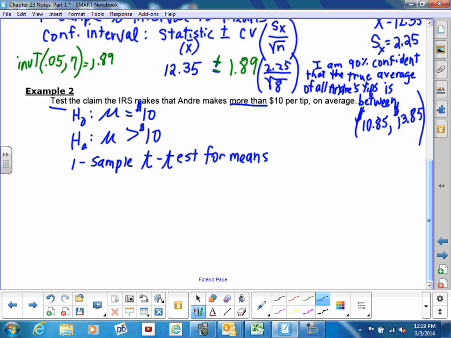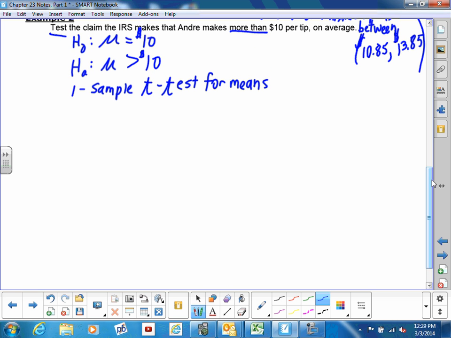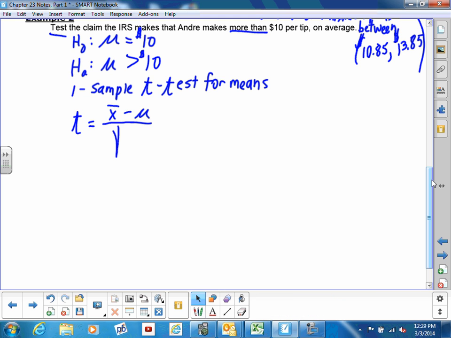Okay, so there's PHAN. Now we do the test statistic. The test statistic is your t-score. Let me go ahead and write the main formula. That's your sample mean minus the population mean, which is the claim, over this, oopsie, that's wrong. Standard error.